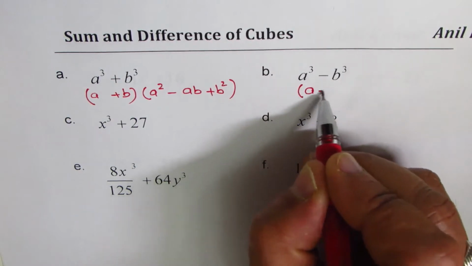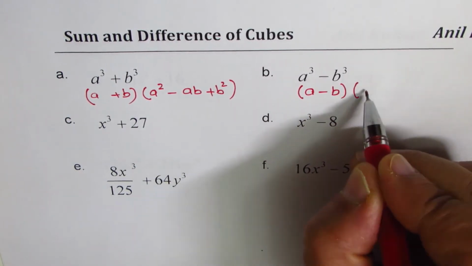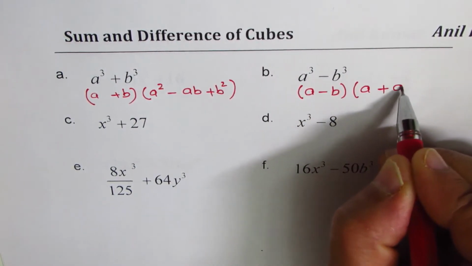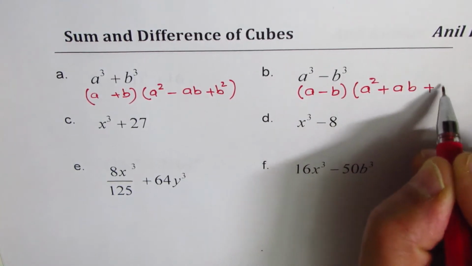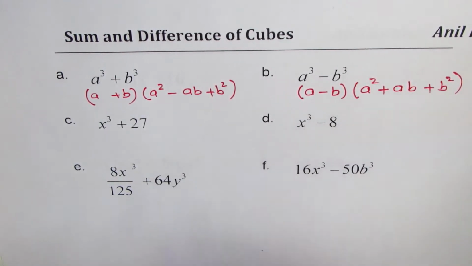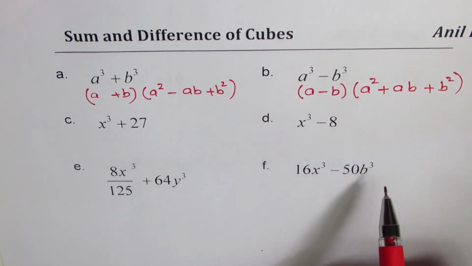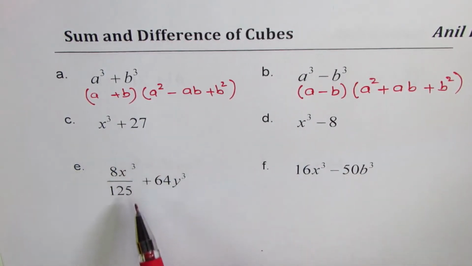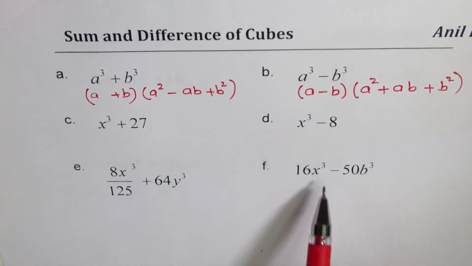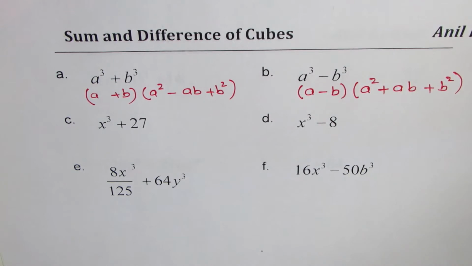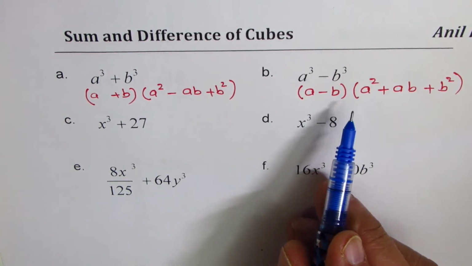We have a minus b times a square plus ab plus b square, correct? So that is the formula for a cube plus b cube and a cube minus b cube, which we are going to use. So we'll see that we have kept plus on the left side, right side we have kept minus. You can actually pause the video, apply the formula and factor. It's a straight application of this formula, right?